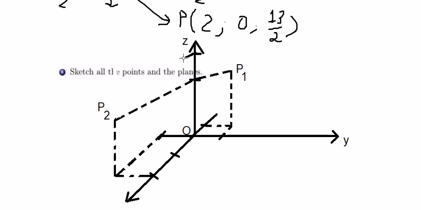Oh, 8 should be in here somewhere, sorry. 2, 0 and 13 over 2, you get somewhere in between 2 and 4 in here.